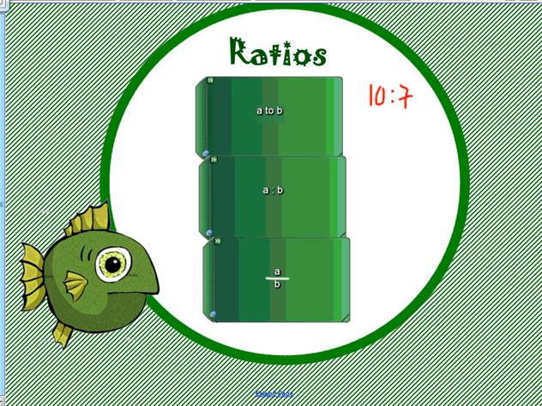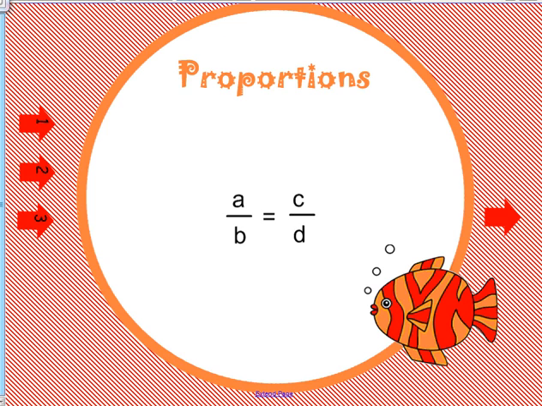So also we have something called proportions. Proportions are two ratios that are equal to each other. First of all, we have some relationships between the A and the D and the B and the C here, and those actually have names.